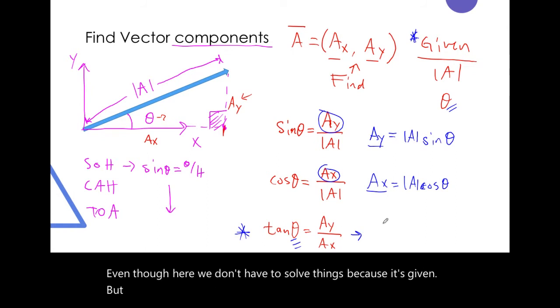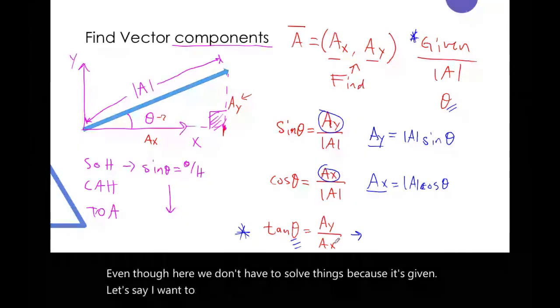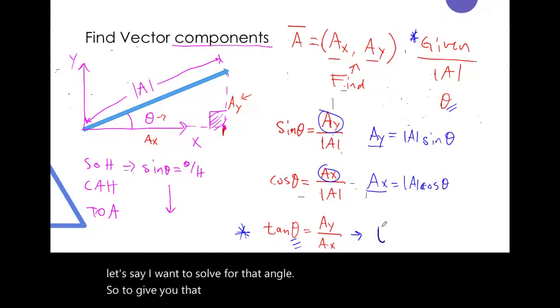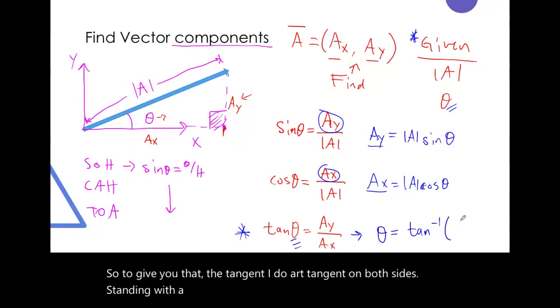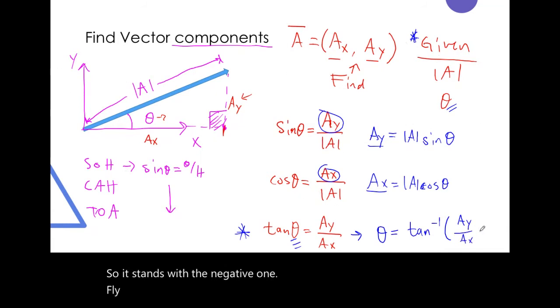But let's say I want to solve for that angle. To get rid of the tangent, I do arctangent on both sides. So it's tangent to the -1, AY over AX.